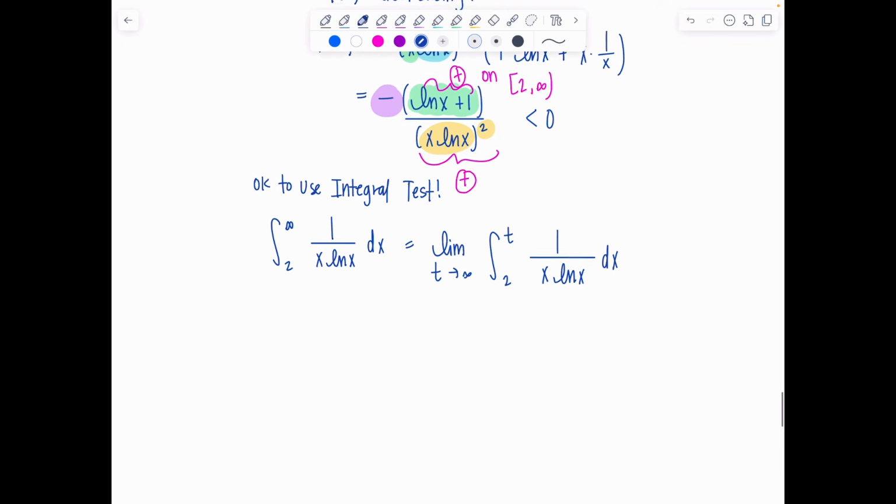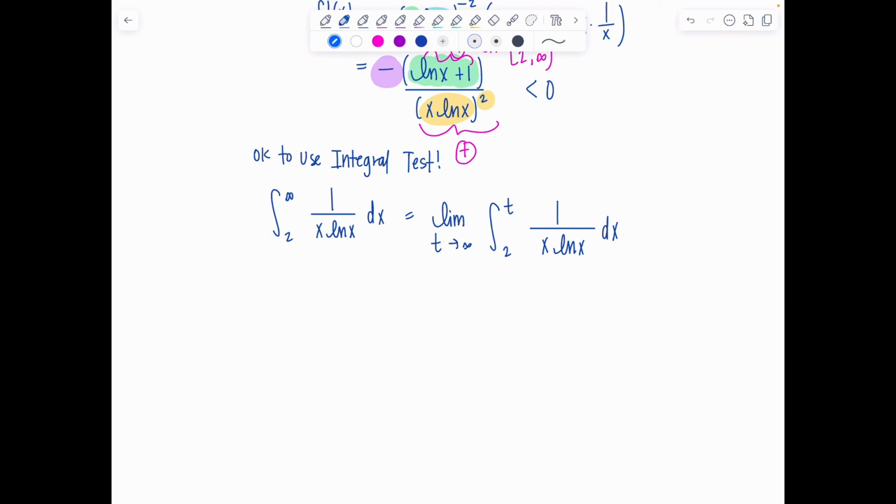And then from here, you can do a u sub or do it in your head, that's fine. So we're going to let u be ln of x, and then du would be 1 over x dx. And you also need to change your limits of integration. So u of 2 would be ln of 2, and u of t is ln of t. Don't forget to do that.